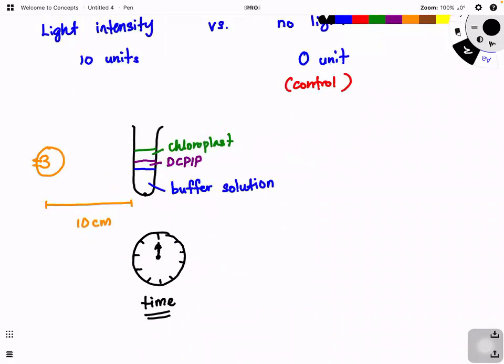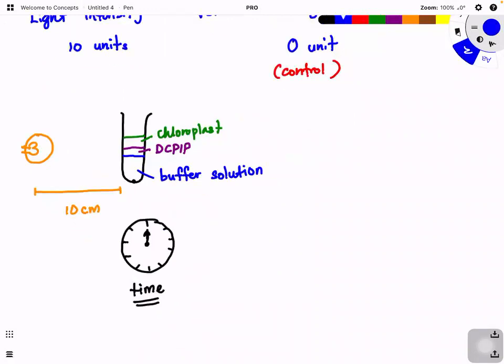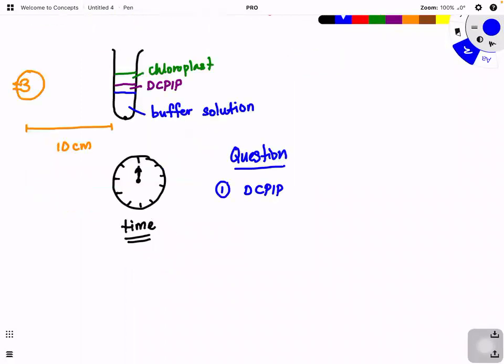So what happened here is we have triggered some questions. First issue: how do you know that DCPIP is completely decolorized?